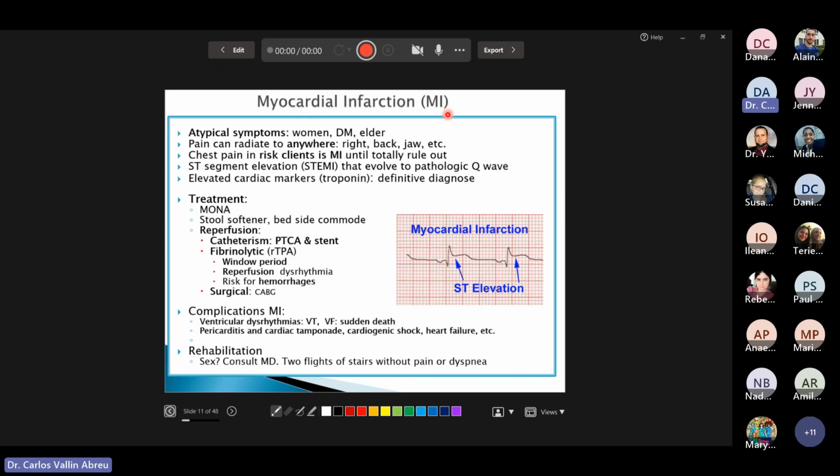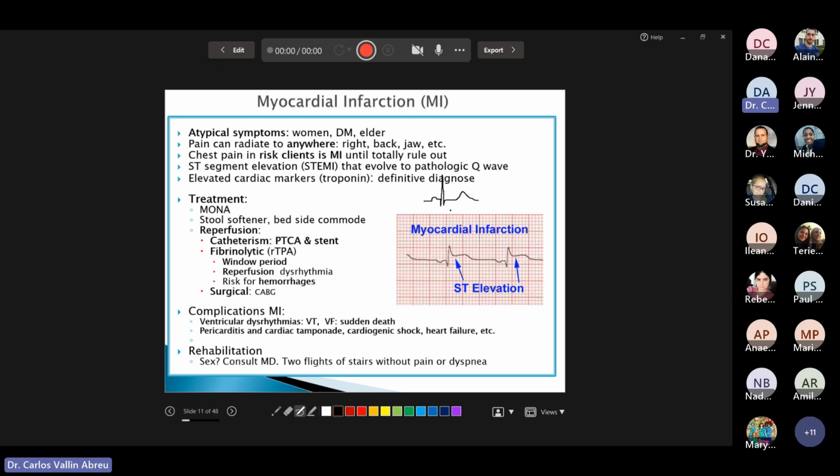When you have a myocardial infarction, there are certain changes in the EKG that are typical, which is the elevation of the ST segment of the electrocardiogram. Remember that the electrocardiogram has the P wave, then the Q, the R, the S, and then a horizontal line that ends in the T wave.